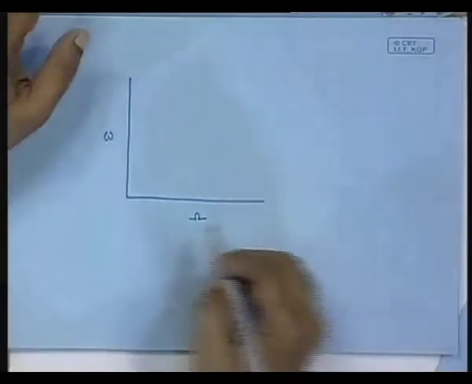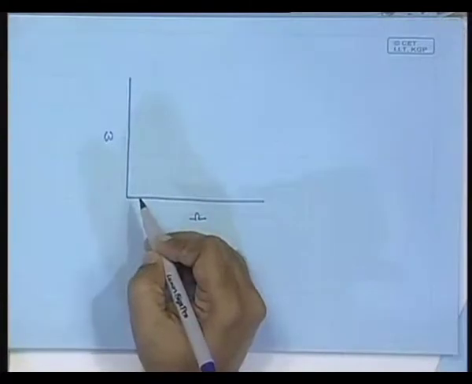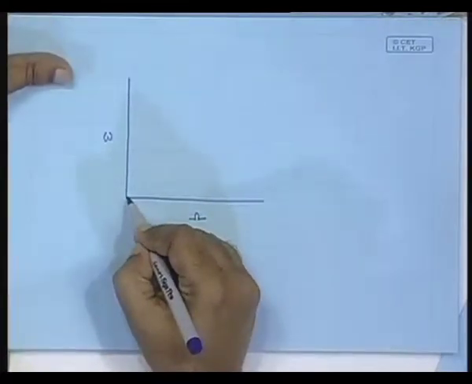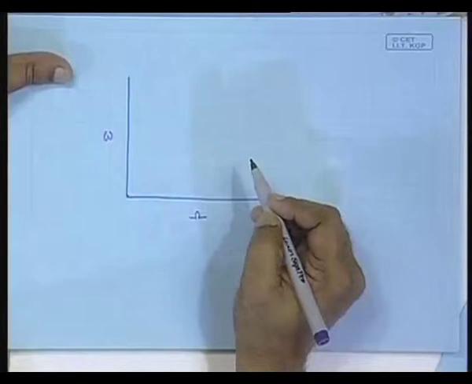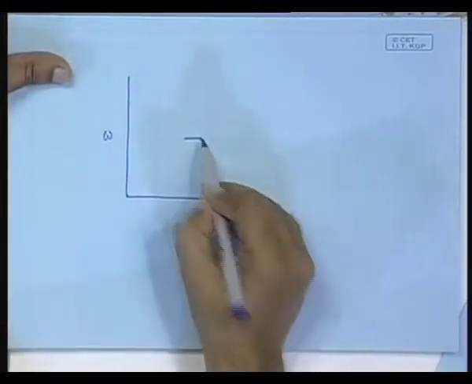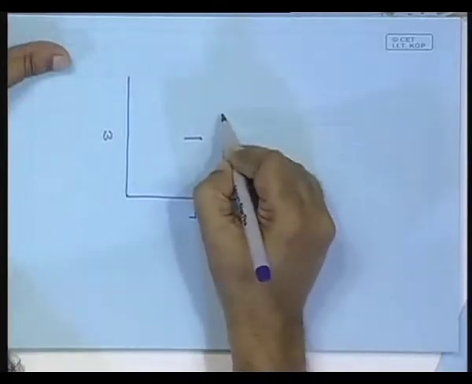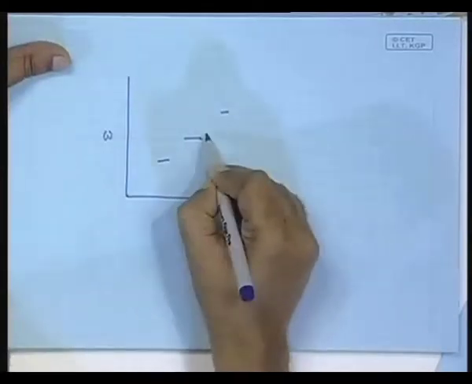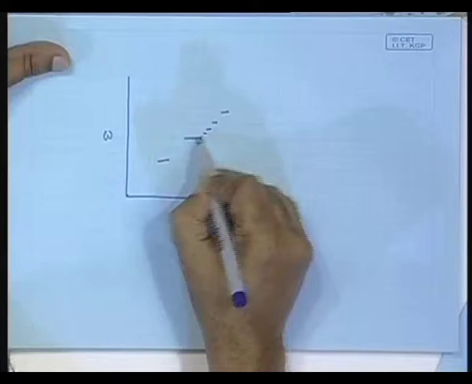As a result, this graph looks like this, extremely difficult to draw. There would be a range here, 1 to 2 mode locked, there will be a range here, a range here, a range here.